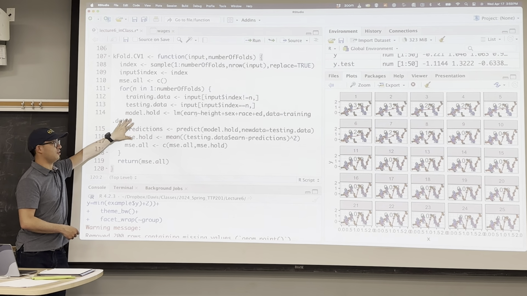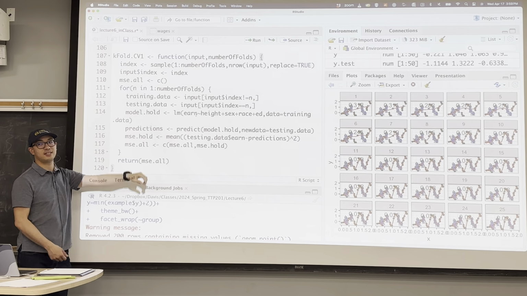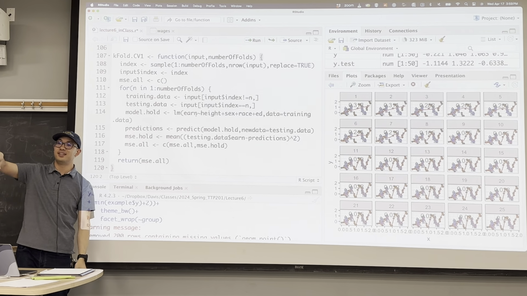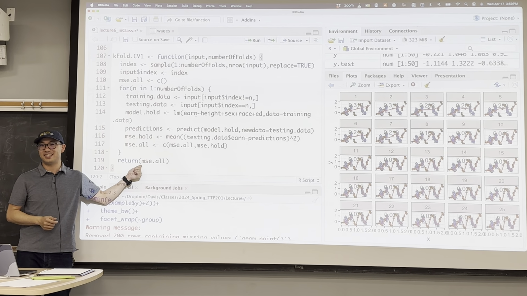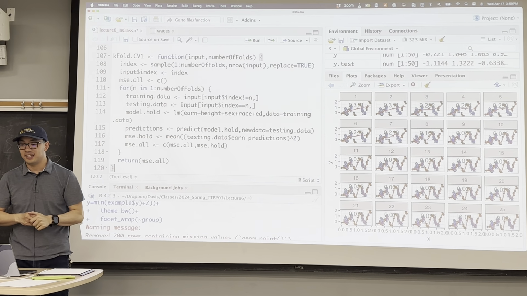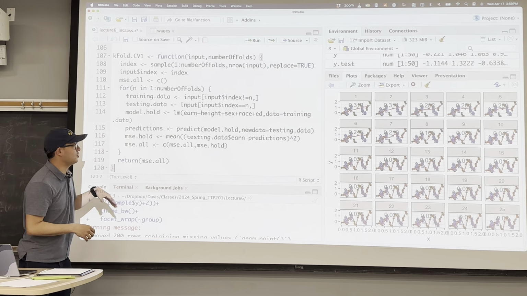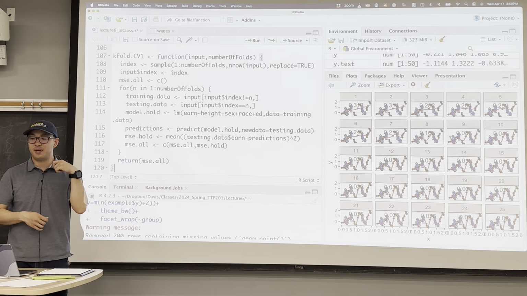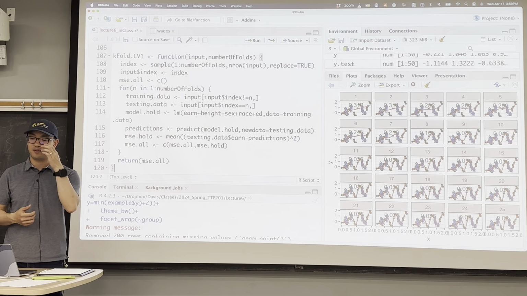Don't worry too much about the code, you'll have practice to do this, and Yanning will visit this again next week. I would encourage you to take some time to make sure you understand how k-fold cross-validation works.